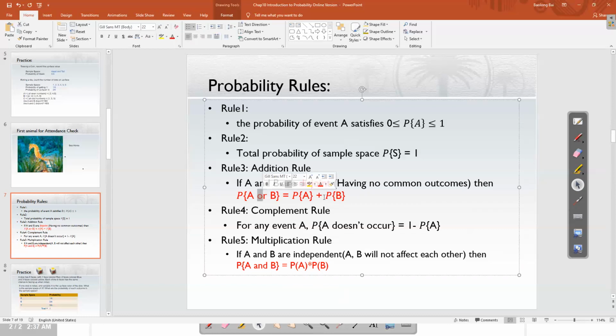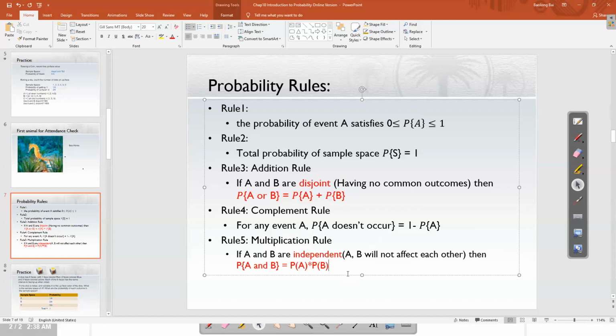Or is matching with addition, okay? So this rule doesn't always work either. It only works if the condition is met, and the condition is called independent. If the two events A and B are independent, then we can use the multiplication rule: probability of A and B equals probability of A times probability of B.